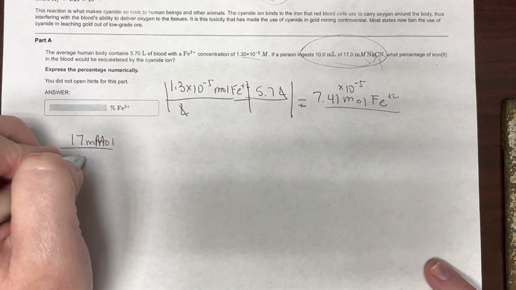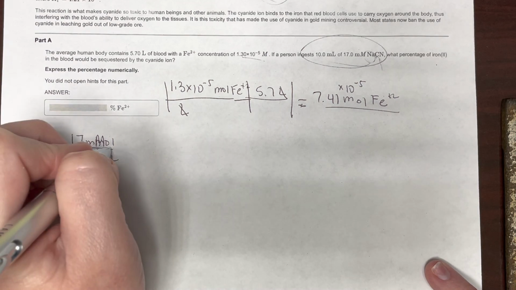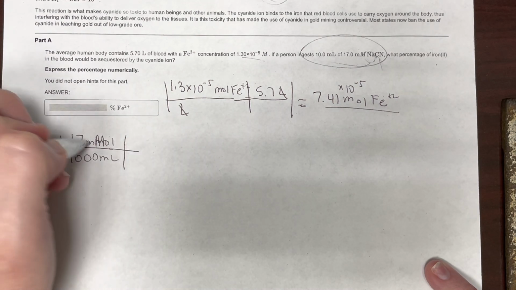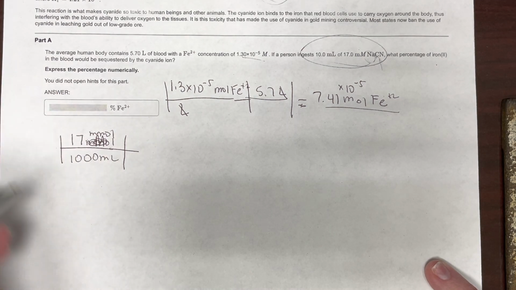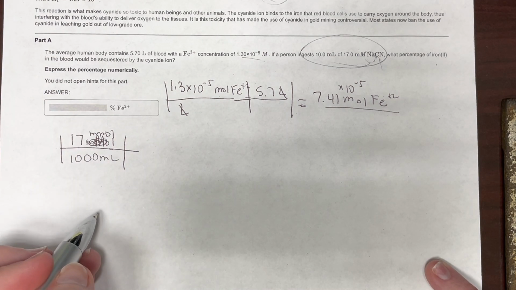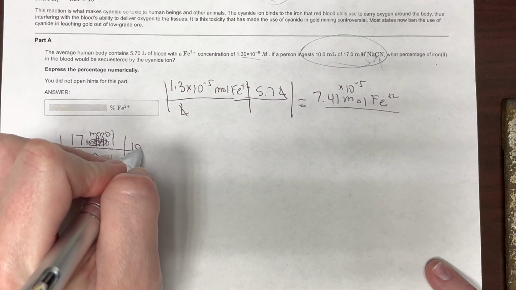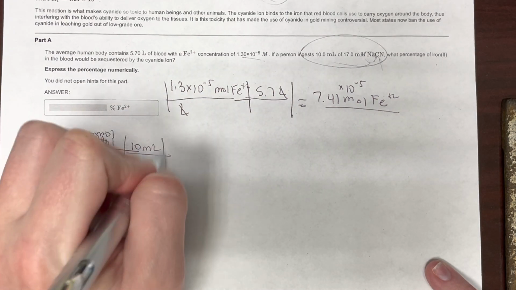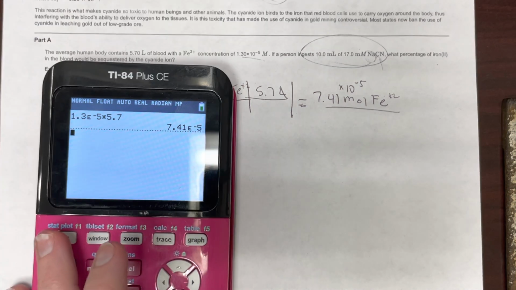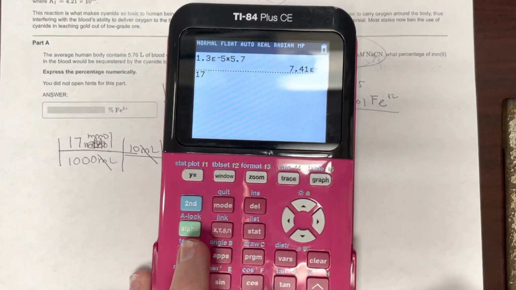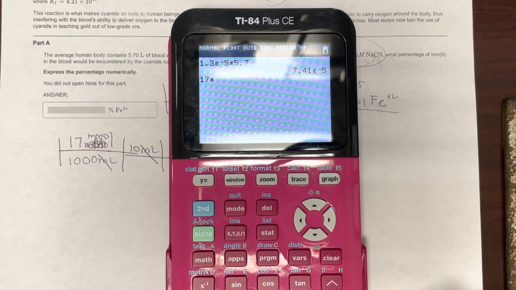I'm going to say this is 1,000 milliliters, making the conversion that a liter is 1,000 milliliters. And we have 10 milliliters. So let's do 17 times 10 and divide by 1,000.